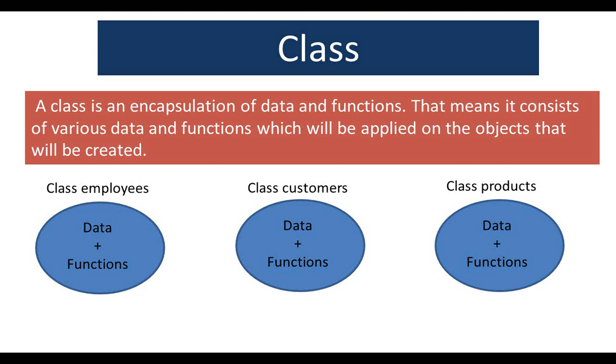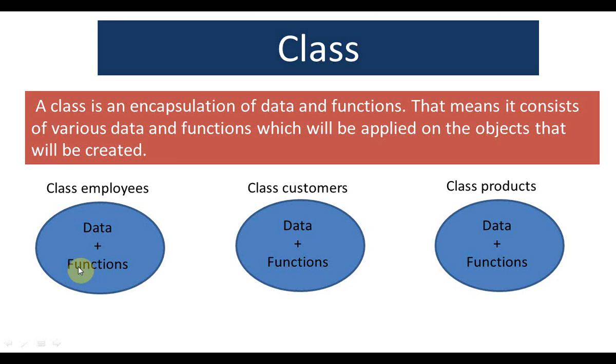See, I have come up with 3 examples. This is the first class, employees. This class employees will be having data and functions. Now listen carefully. This data that I am talking about would be regarding the employees only, means employee code, employee salary, employee first name, last name, address, telephone number, etc. And as we were discussing earlier, the functions would be like, if any new employee joins the company, a function will be there to add the record of that employee.